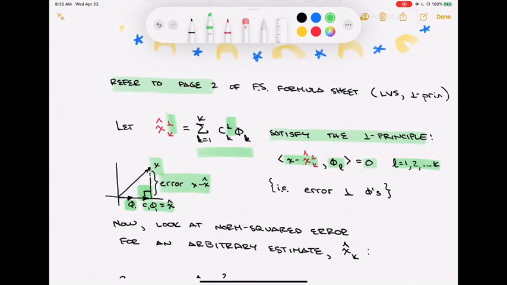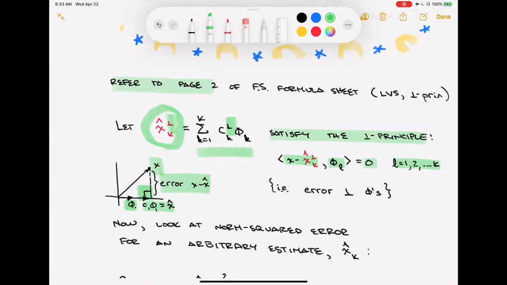We're going to have a case of an estimate satisfying the orthogonality principle, and then we're going to look at everything else and prove that everything else has worse performance. Just to make sure that this estimate is not confused with that generic estimate, I've also written that estimate x hat in red, to highlight this is the one that we are trying to say is best.